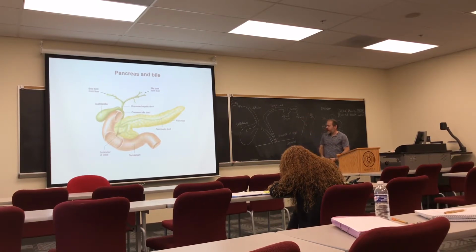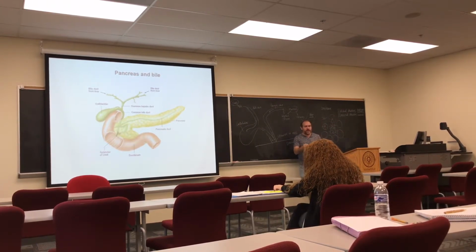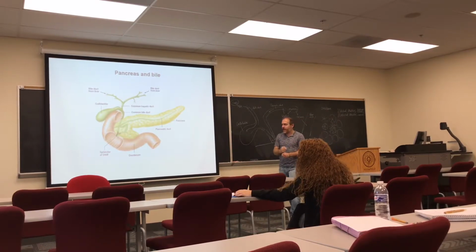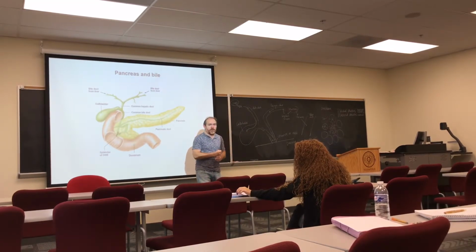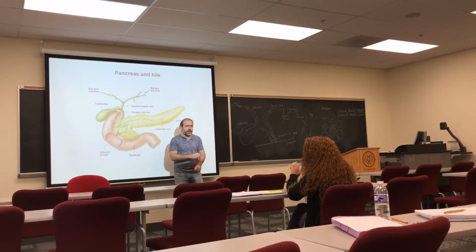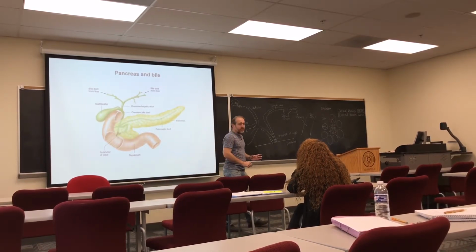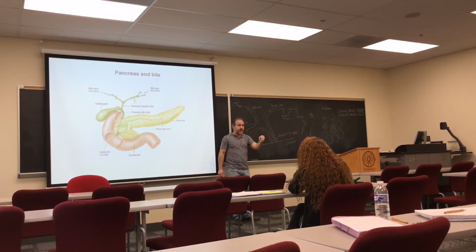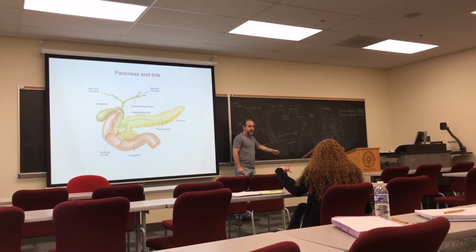Right? So, the sphincter of Oddi, a sphincter is a ring of smooth muscle, okay? Forms kind of like a gate. And sphincters are closed, usually. So, if you want to open them, then you need to do something. Okay? So this means that whenever we're not digesting anything, whenever the duodenum is empty, the sphincter of Oddi is closed, and then the bile and the digestive enzymes are not going to be able to move to the small intestine, right?